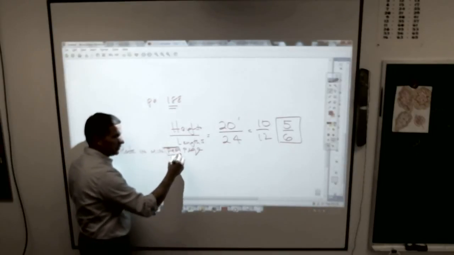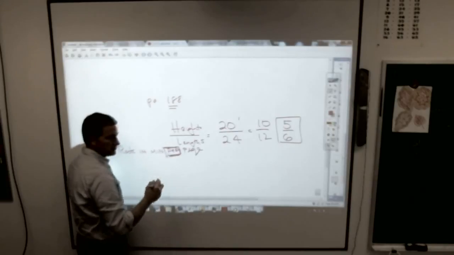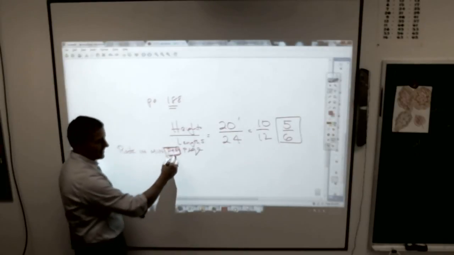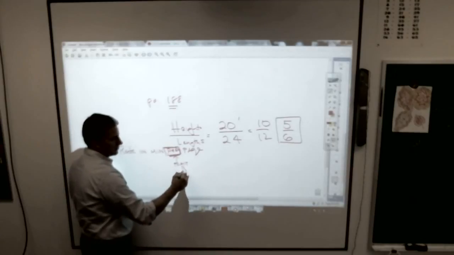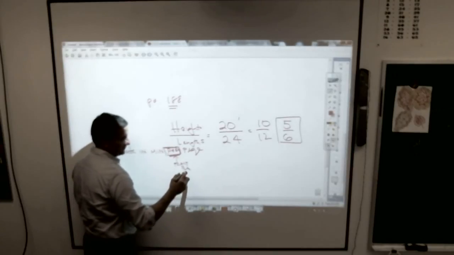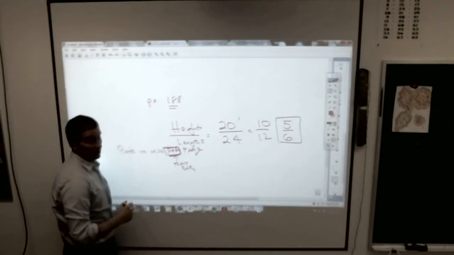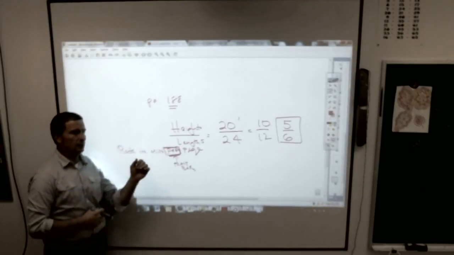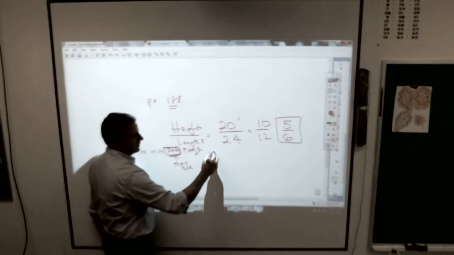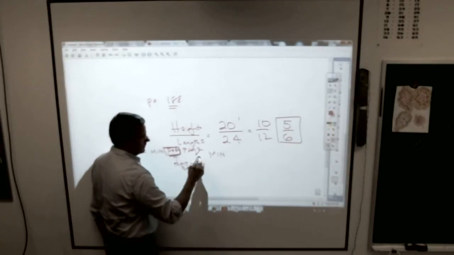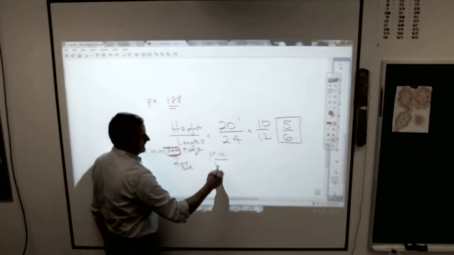The word per in math is the fraction line, the fraction bar. That's different from the word of. So when they ask you to give the rate in minutes per page, they want it to look like this: the number of minutes, fraction line, per page.